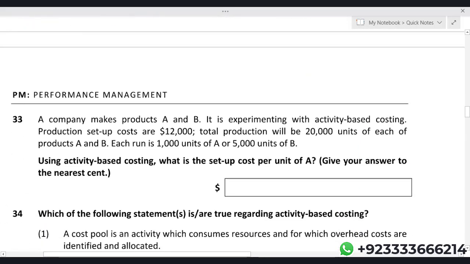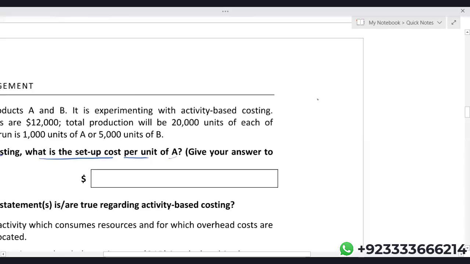Okay, now let's go to another one. A company makes products, using activity-based costing, what is the setup cost per unit of A? Very simple. First, we need to calculate the overhead absorption rate.